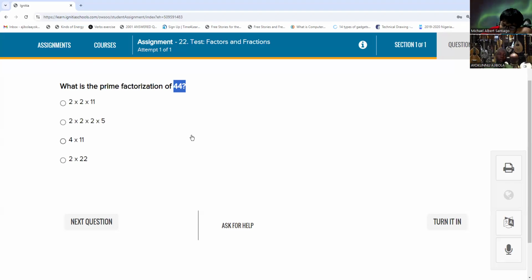Four is not a prime number, but 2 is a prime number. So you can see 2 times 2, which is 4, and times 11, okay?